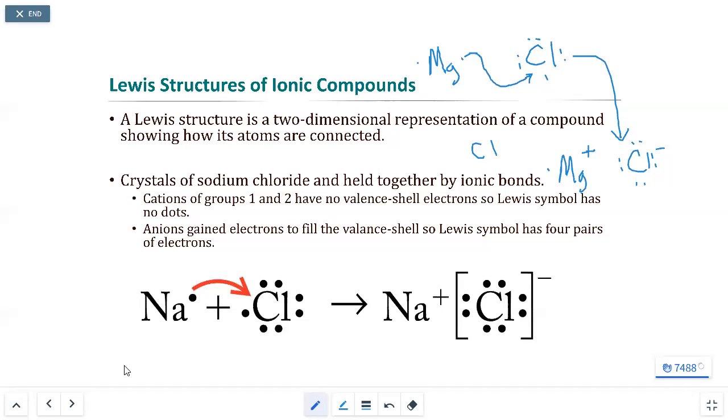The only way that it can lose them both is if it has 2 chlorines to give the electrons to. 1 over here to this one, 1 over here to that one. That's how we can get the magnesium plus 2 ion. That's how we end up getting 2 chloride minus ions as well.